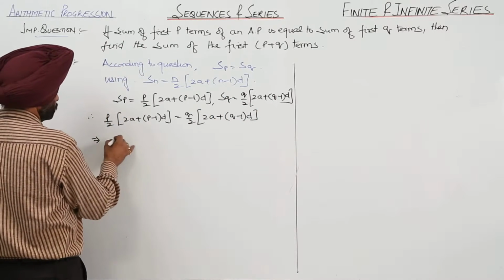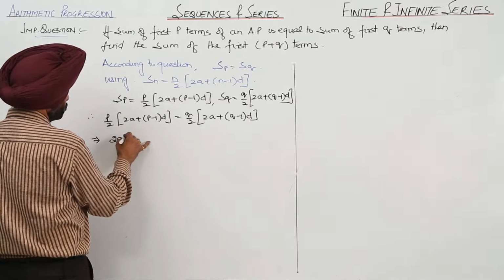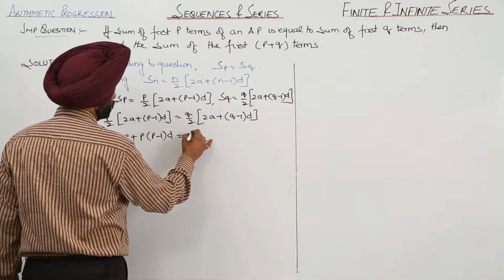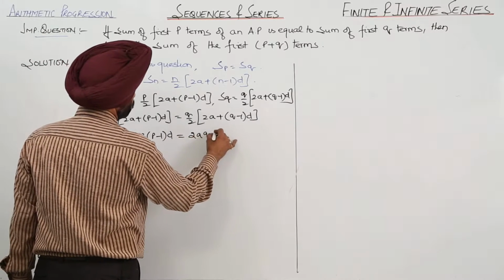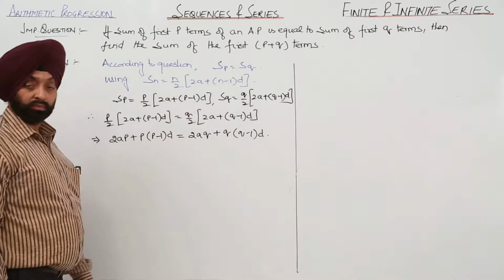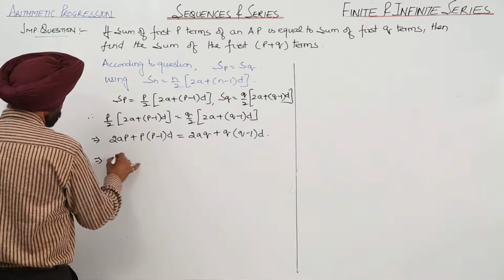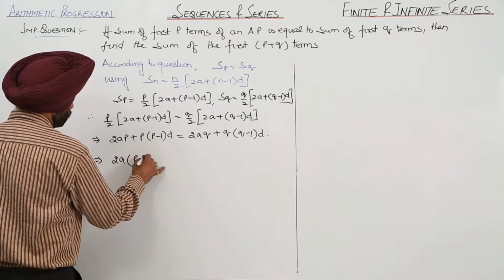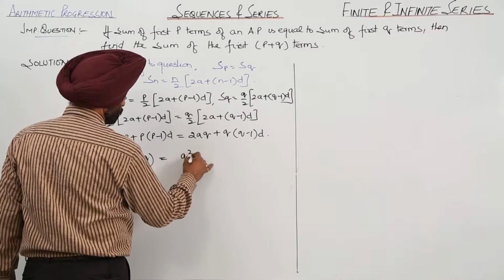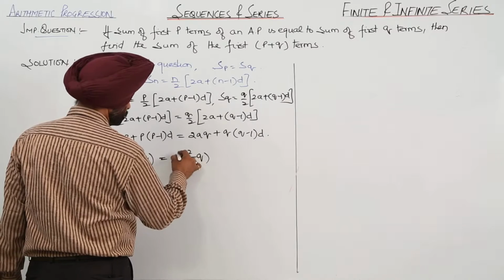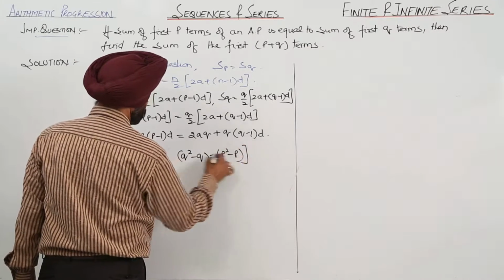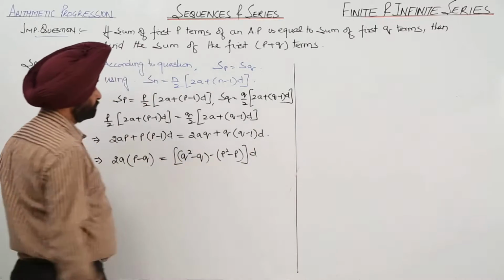Now this becomes 2ap plus p(p minus 1) d is equal to 2aq plus q(q minus 1) d. Now 2a(p minus q) is equal to q squared minus q, p squared minus p, with d.